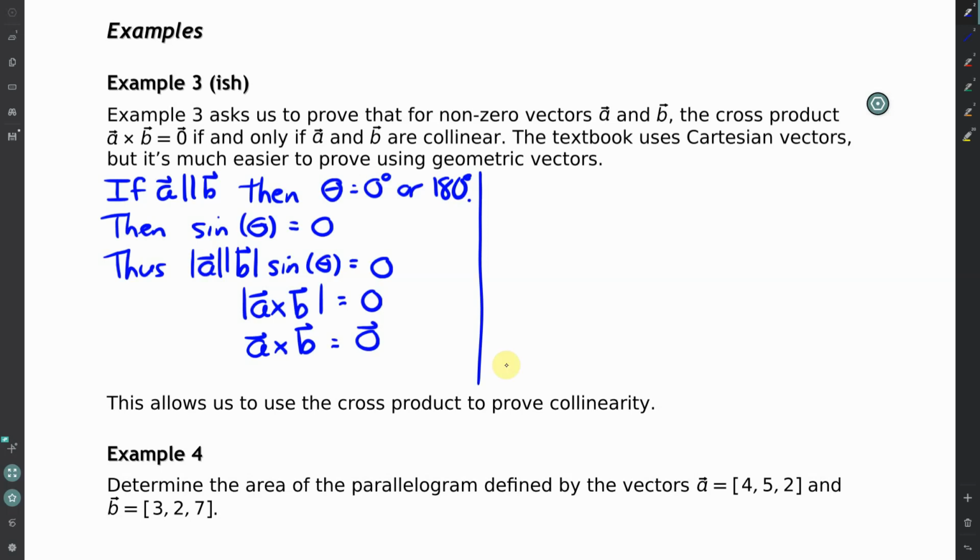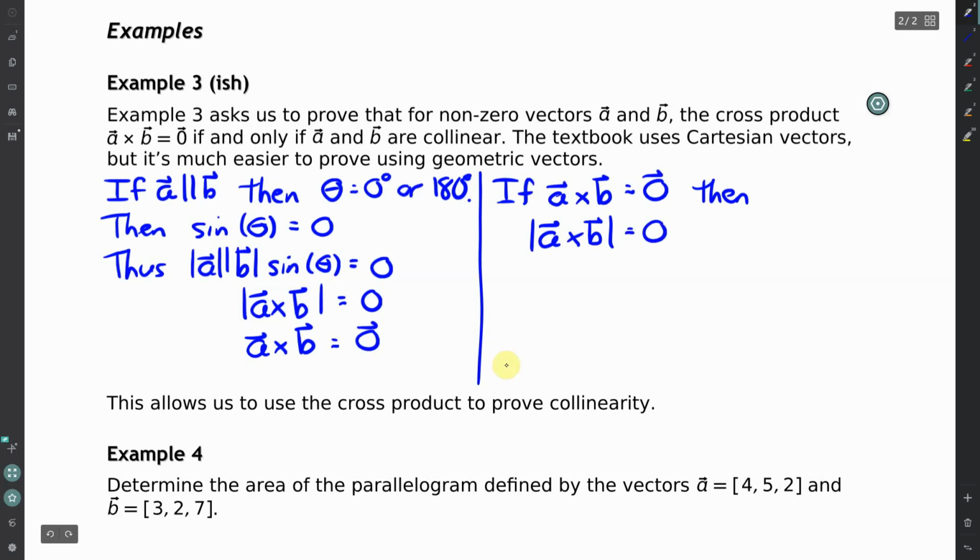If the cross product is the 0 vector, then that means that the magnitude of A cross B is equal to 0. And that means that magnitude of A times magnitude of B times sine of theta is equal to 0.